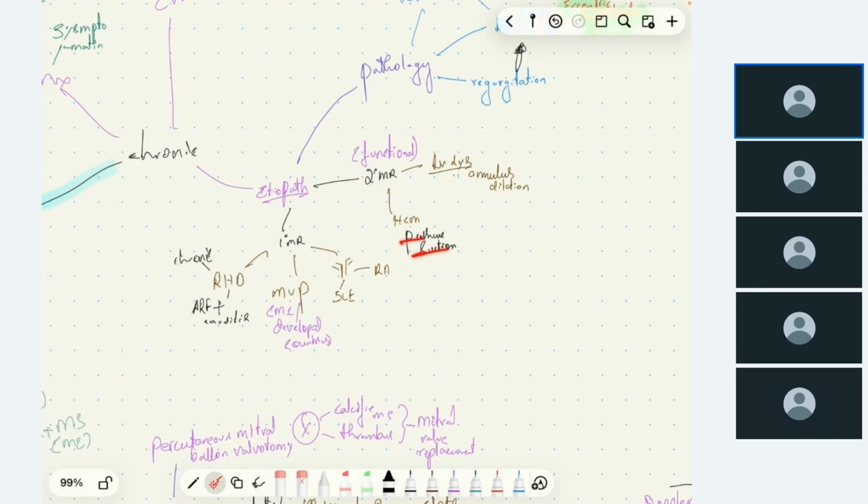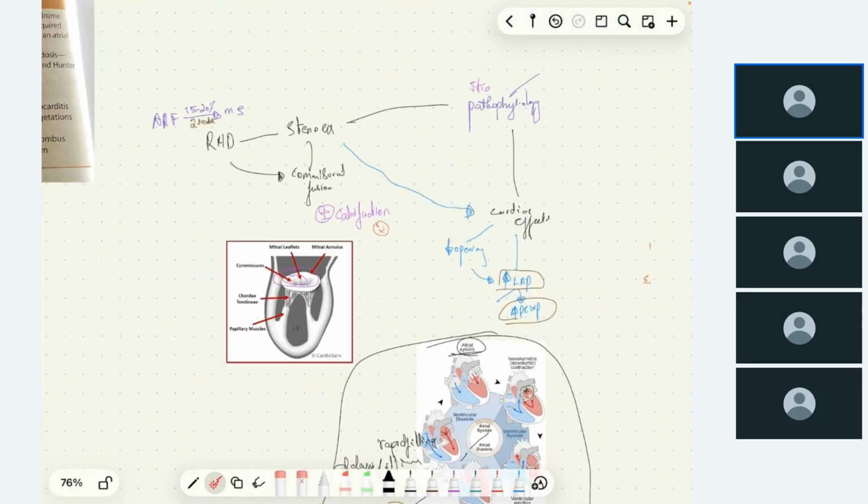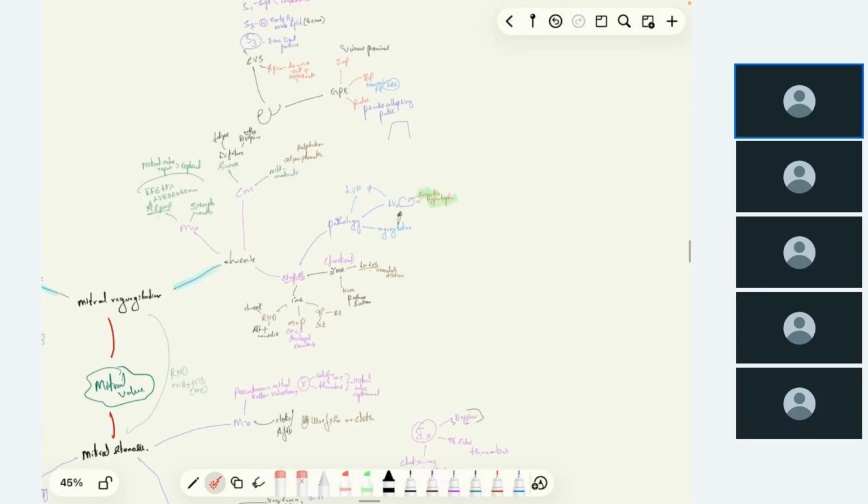The negative pressure due to Venturi effect causes suction of the mitral valve, leading on to secondary MR in case of HCM, that is hypertrophic cardiomyopathy. In case of left ventricular dysfunction, due to annular dilation, this annulus gets dilated, leading on to MR, that is mitral regurgitation.